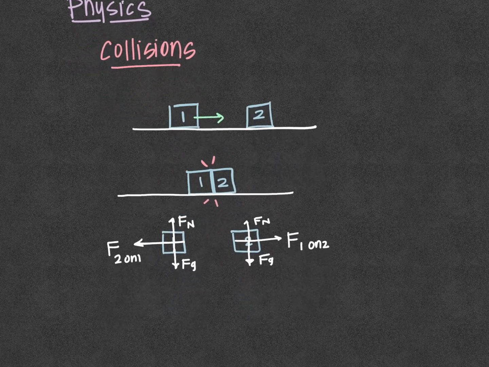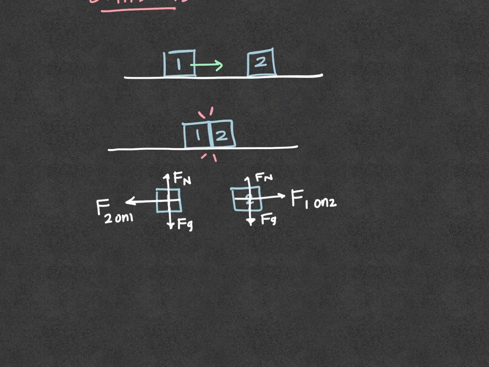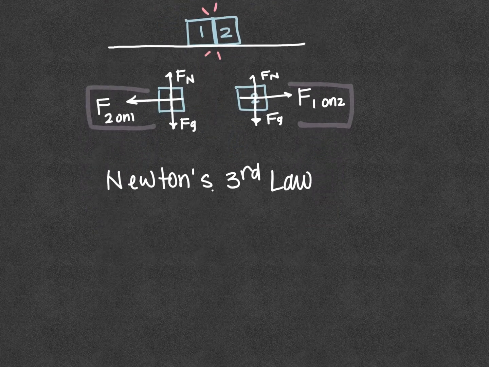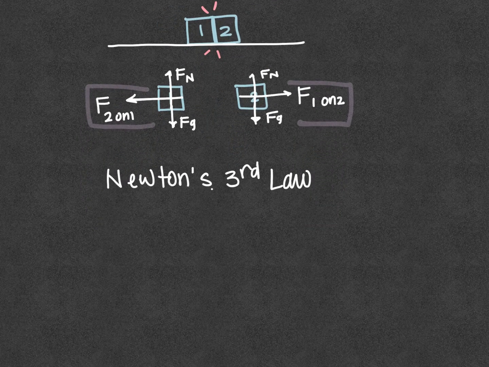Now what I want to highlight here is this action-reaction pair. So these two forces, this force and this force, are the action-reaction pair. Newton's third law tells us that for every force there is an equal but opposite directed force between two bodies.